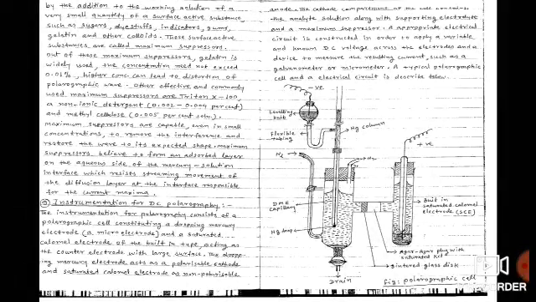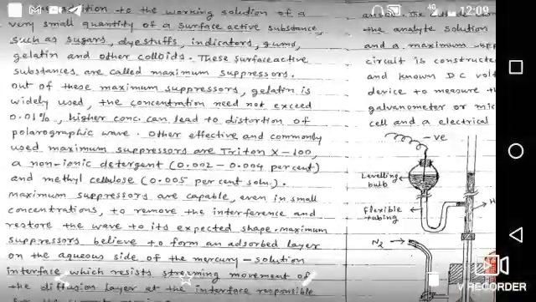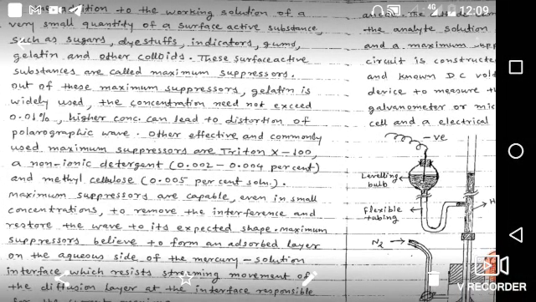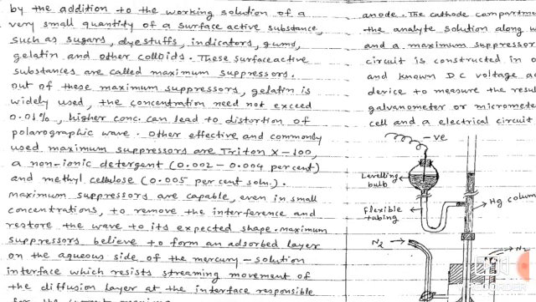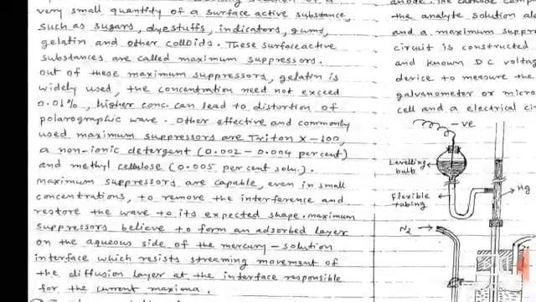This is often done easily by the addition to the working solution of a very small quantity of surface active substances such as sugars, dyestuffs, indicators, gums, gelatin and others. These surface active substances are called maximum suppressors, and out of these, gelatin is widely used.